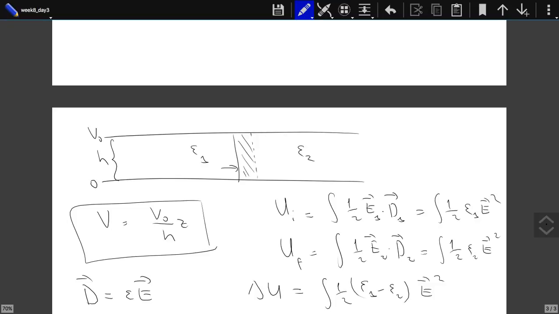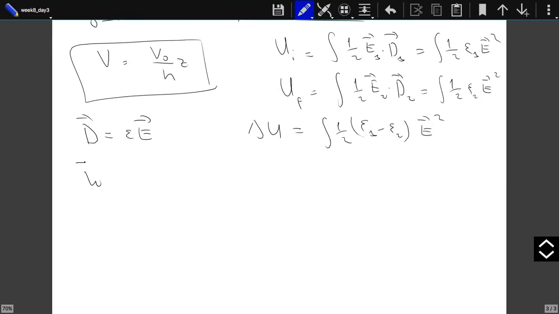That is what I would expect, but the book says it's in the direction of the gradient of epsilon. At every point there is a force in the direction of the gradient of epsilon, not E. Well, I would basically expect K to be rho free plus rho bound times E.